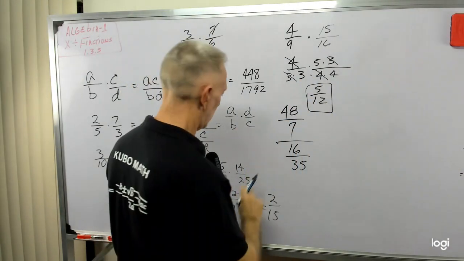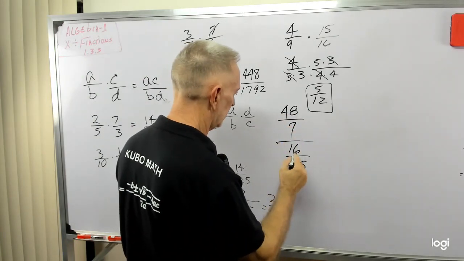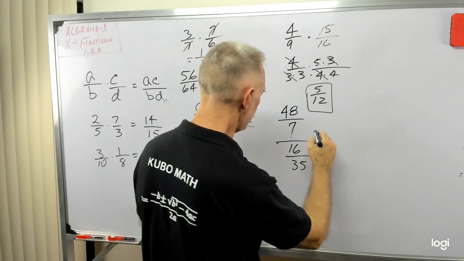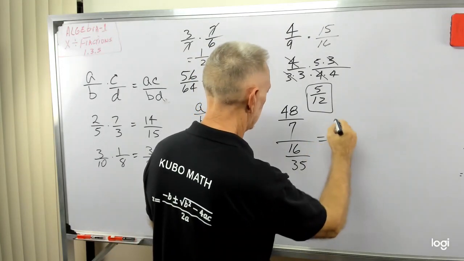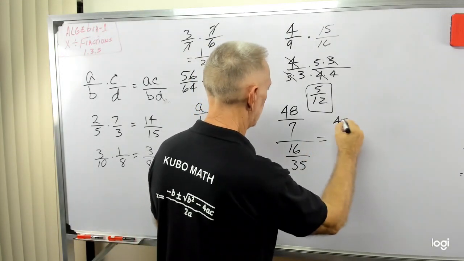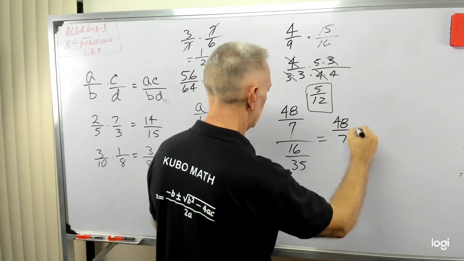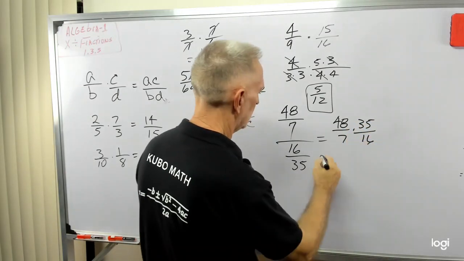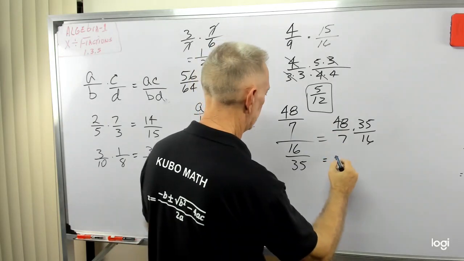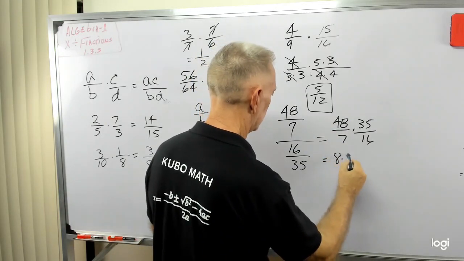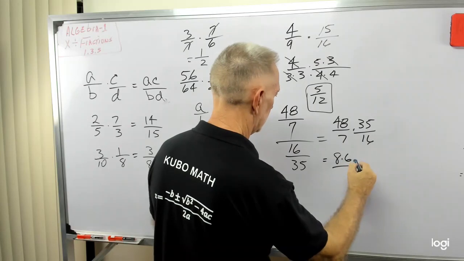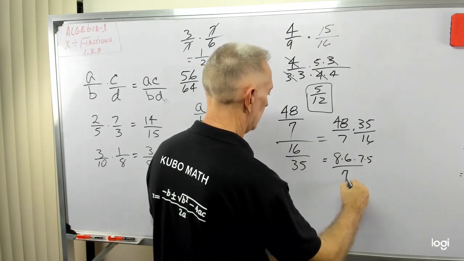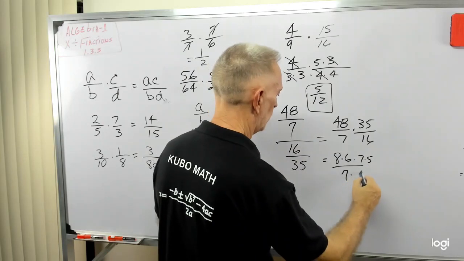Let's try that again. We have 48 over 7 divided by 16 over 35. So that equals 48 over 7 times 35 over 16. So what do we have? 8 times 6. And then that's 7 times 5 is 35. And 7 times 4 times 4.